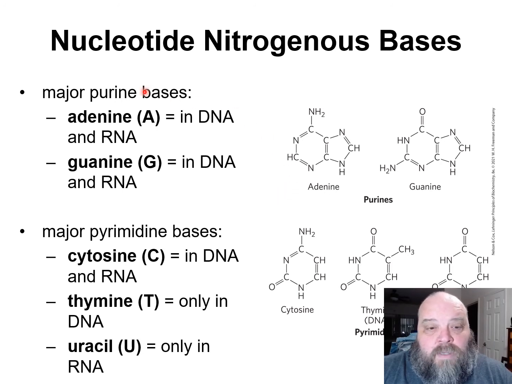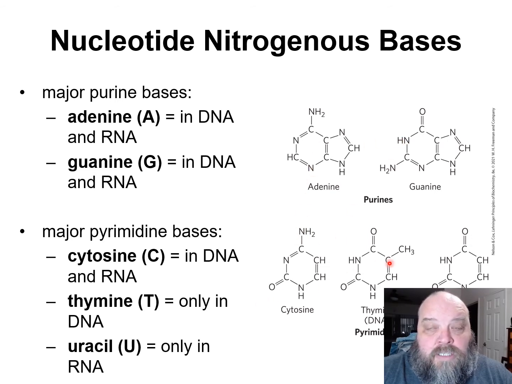Two types of these nitrogenous bases, okay? Double rings, single rings. The double rings, adenine, guanine. The single rings, the pyrimidines, cytosine, thymine, uracil. A, G, C, T, U. Okay?